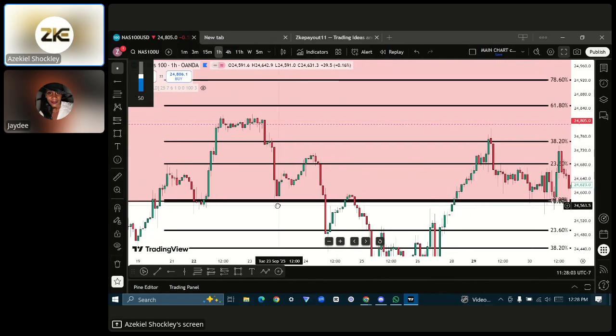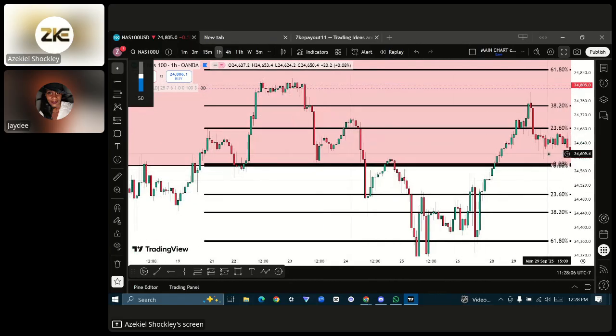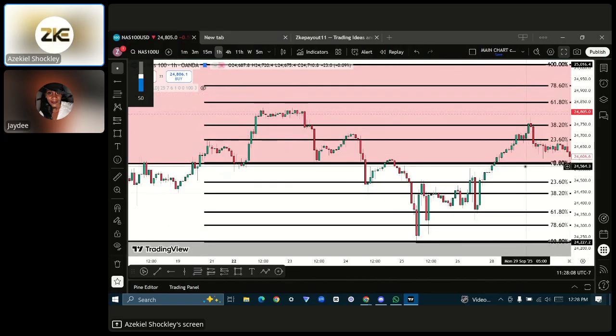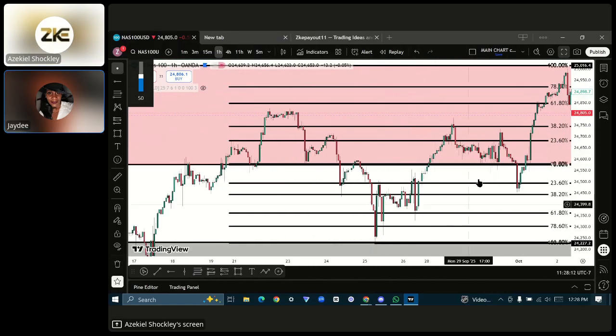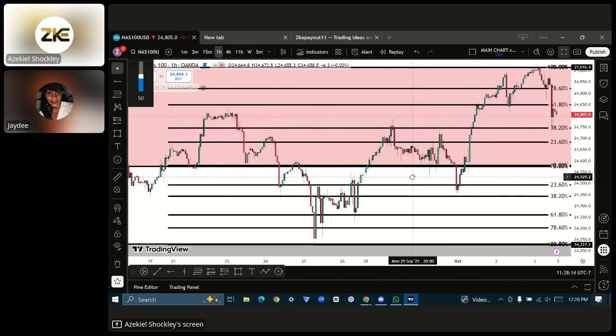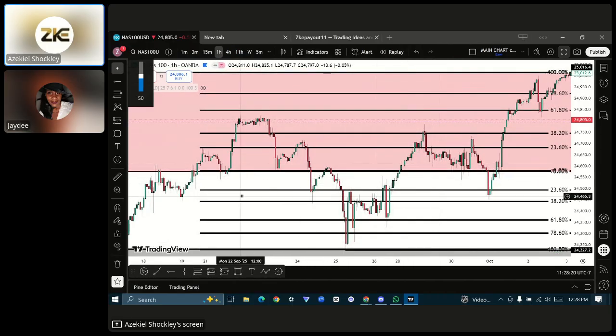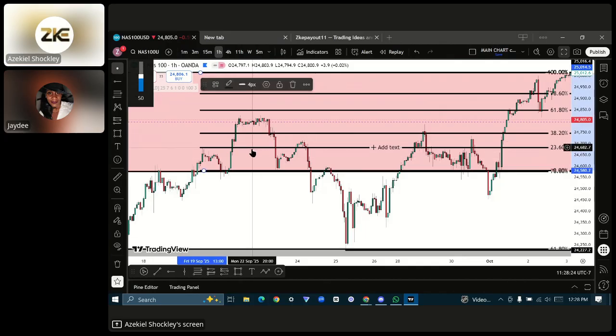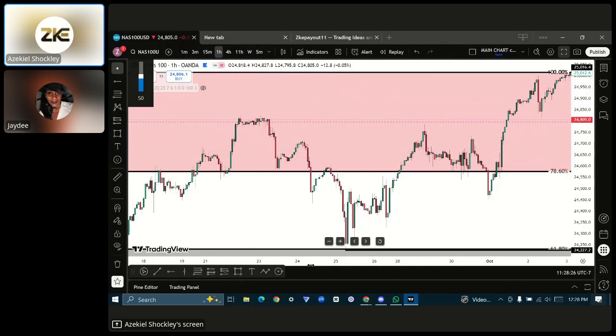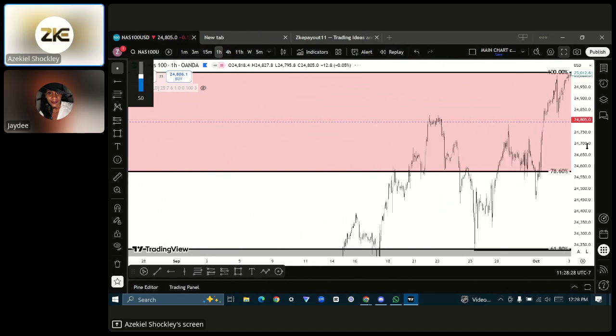Looks confusing, huh? It does because you drew the fib like four times. Exactly. But you remember how I told you premium and discount? Okay, so let's take this off real quick. Help you understand it from this perspective, from when the market was down here.